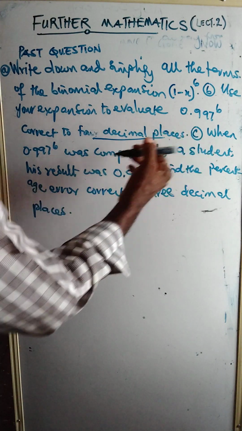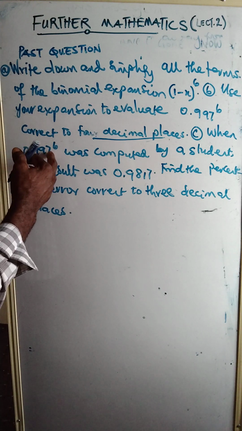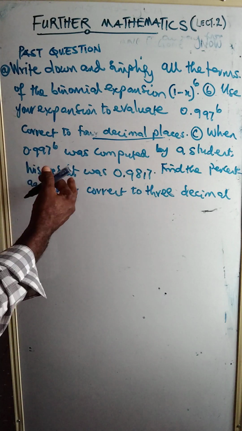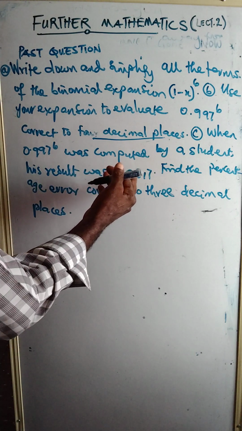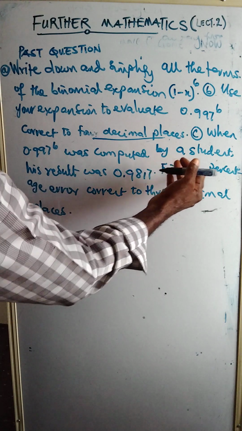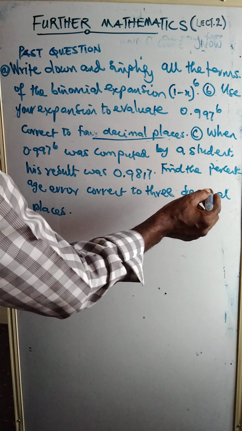And then C, they said when 0.997 to the power 6 was computed by a student, his result was 0.9817. We are to find the percentage error, correct to 3 decimal places.